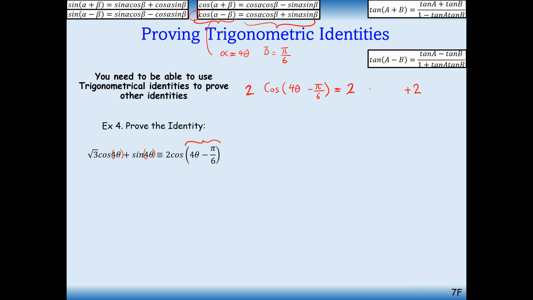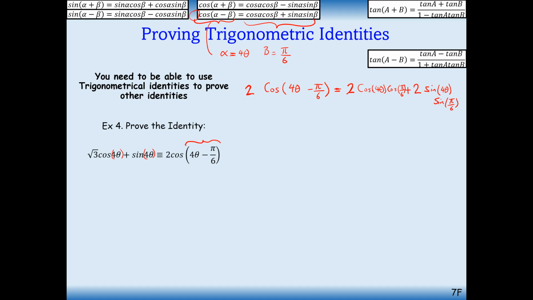So cos alpha is going to be cos 4 theta there, and cos beta is going to be cos of pi over 6, which I'm guessing is okay, I'll deal with that in a minute. So sine of alpha means sine of 4 theta, and sine of beta means sine of pi over 6.